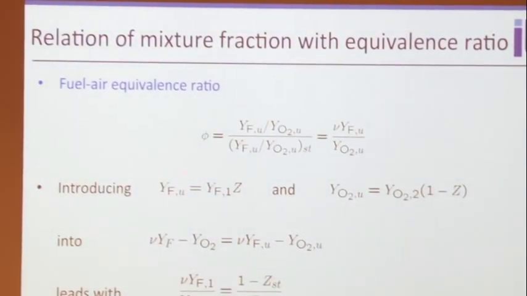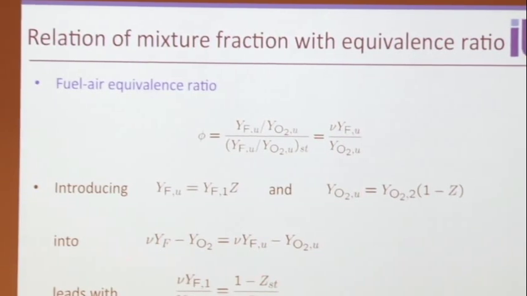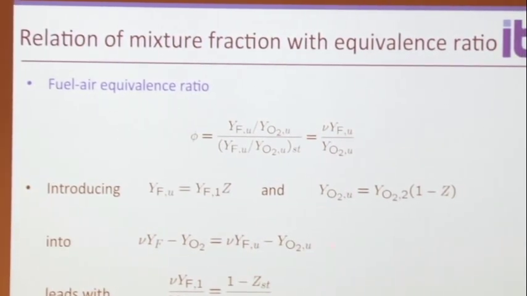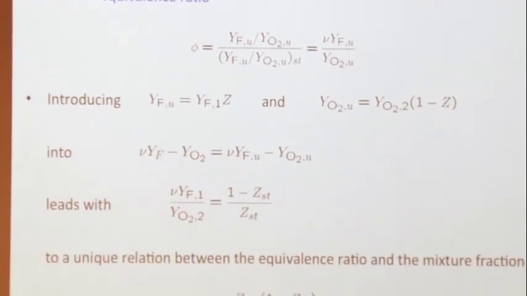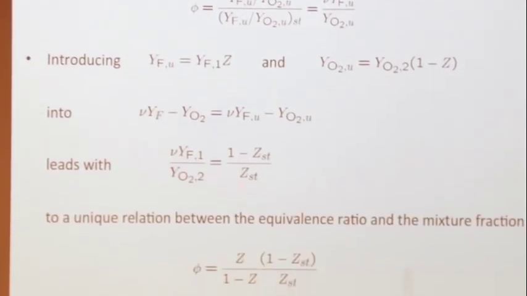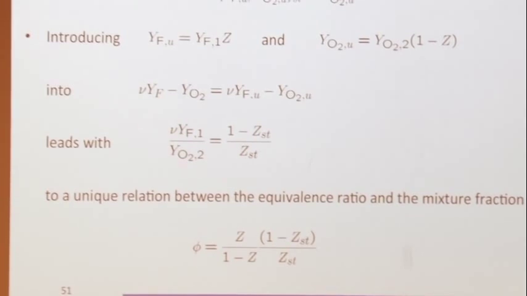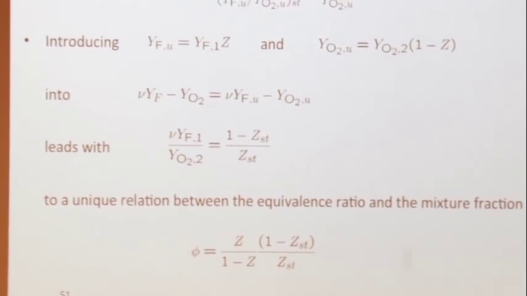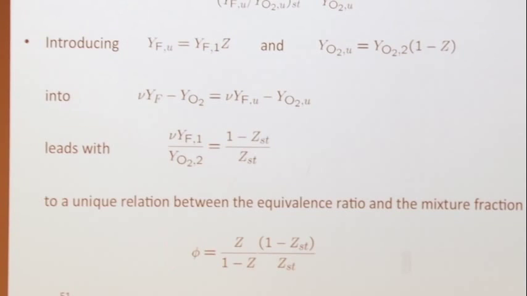If I introduce these relations into this definition, in the coupling function, then I can derive this relation, which says the equivalence ratio is nothing else than mixture fraction divided by 1 minus mixture fraction times 1 minus z stoichiometric over z stoichiometric.